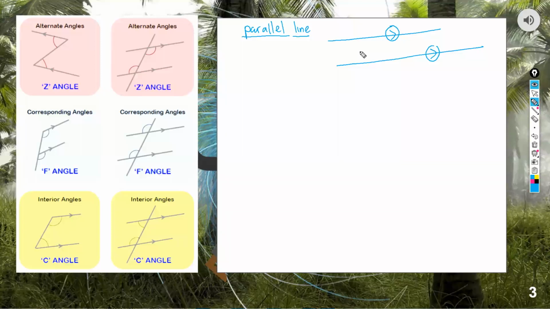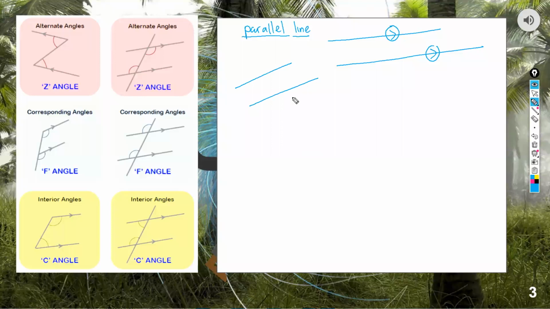Everything that I'm about to tell you now only applies to parallel lines, which means if you are going to apply the rules that are in front of you, the examiner has to make it very, very clear that the lines involved are parallel. Now, there are two ways the examiner could make you know that the two lines are parallel.